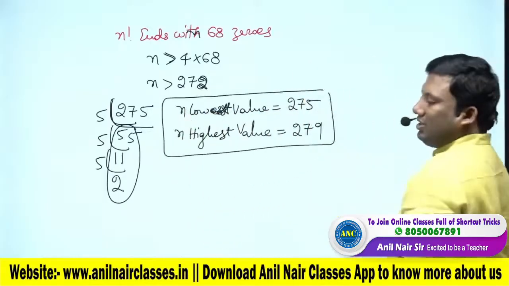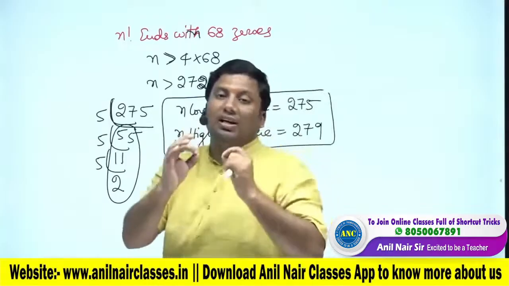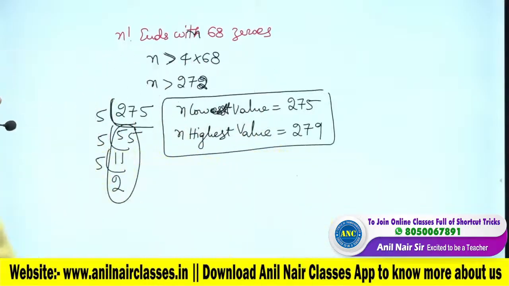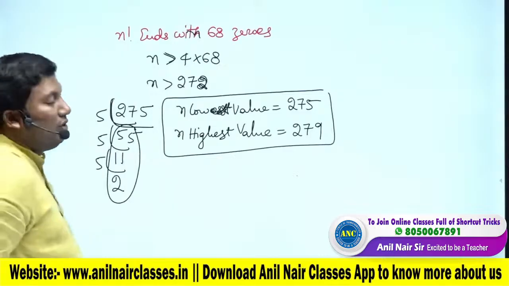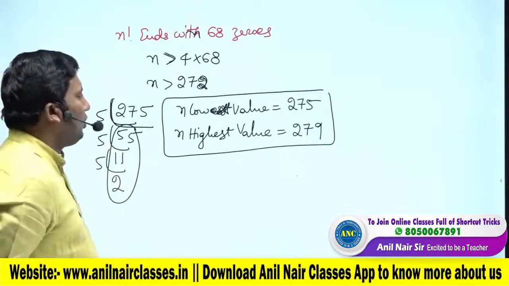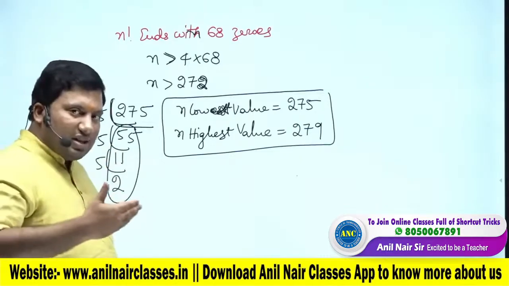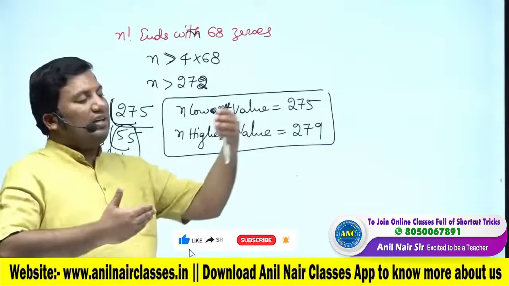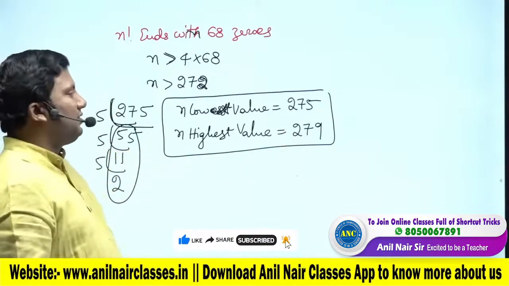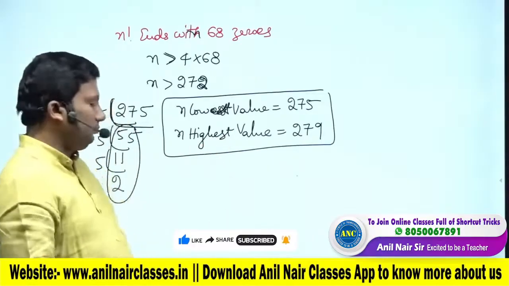Very, very easy question. N factorial ends with x zeros. N is greater than 4x. N is greater than 272. What is the multiple of 5 just greater than 272? 275. Already we discussed that from the multiple of 5 till the number just before the next multiple of 5, the number of zeros will not change.